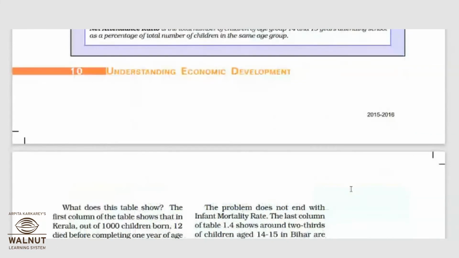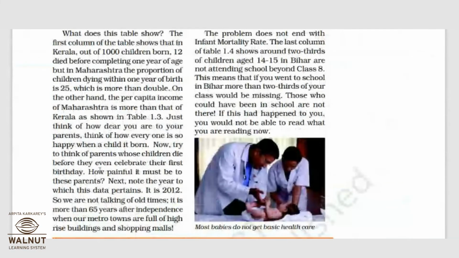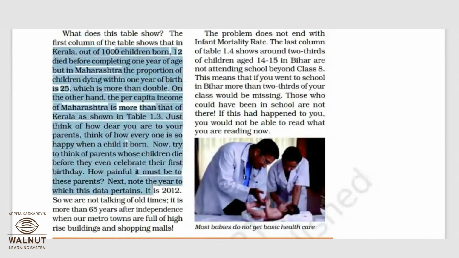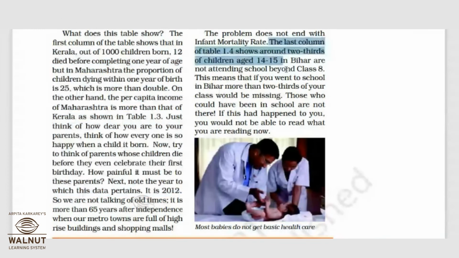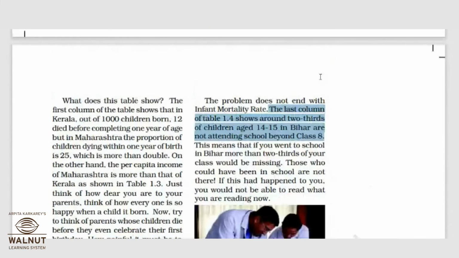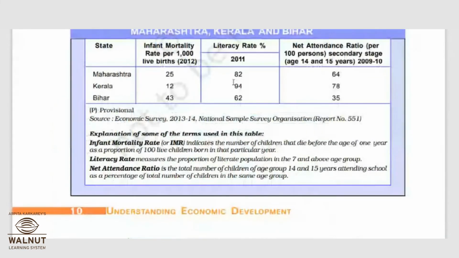Then if you proceed further, you will see that it gives an example of how Kerala has the least infant mortality rate. And the next is the people attending school beyond class 8. People who have just basic education are very high in Bihar, whereas people who go for further education and improve the educational quality of the state, and later the country, are higher in Maharashtra and Kerala.